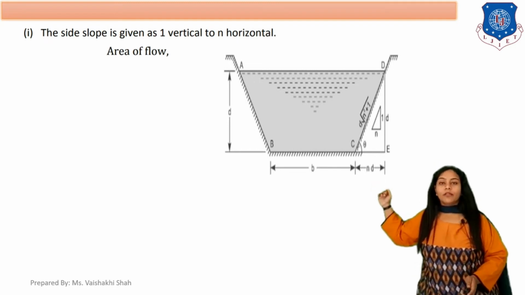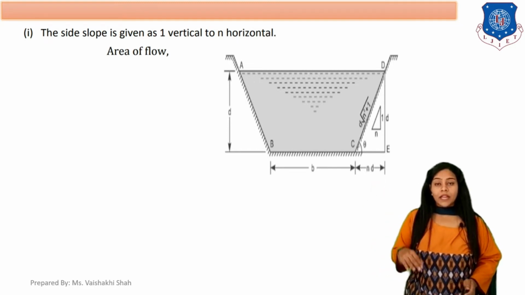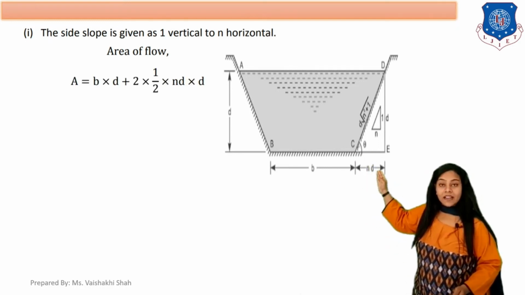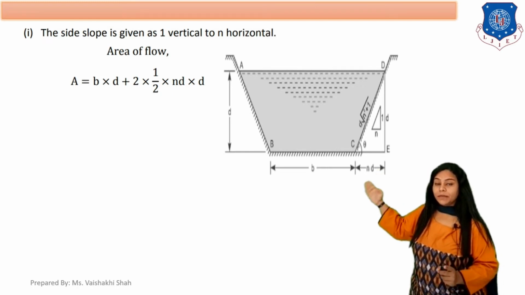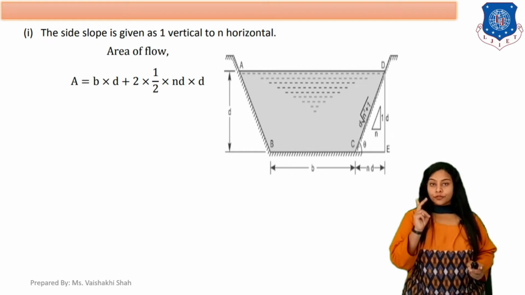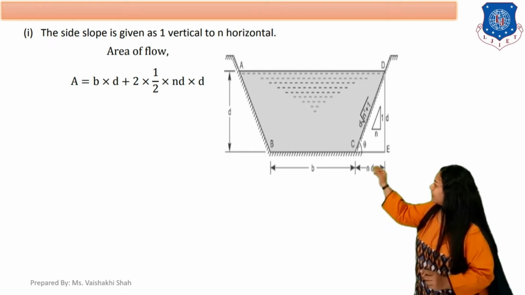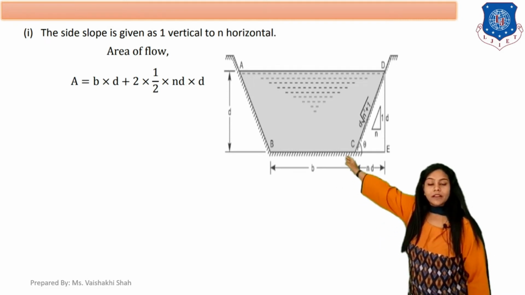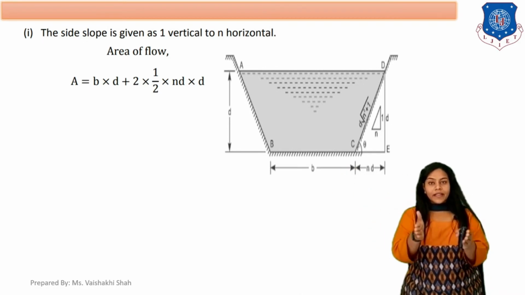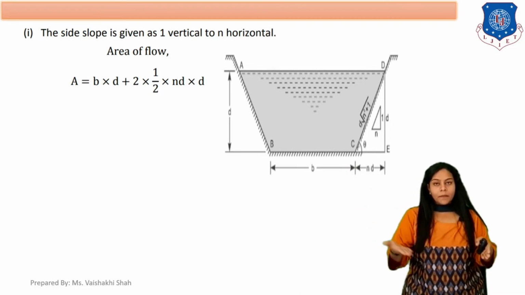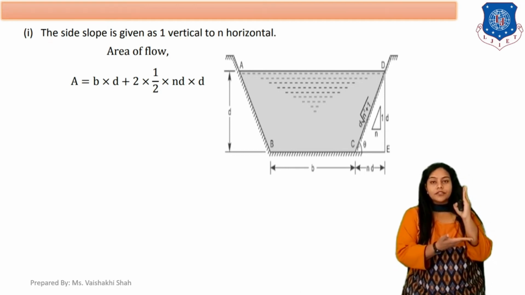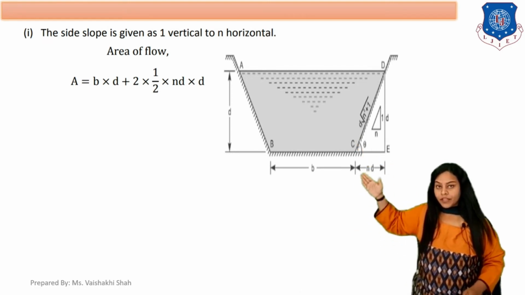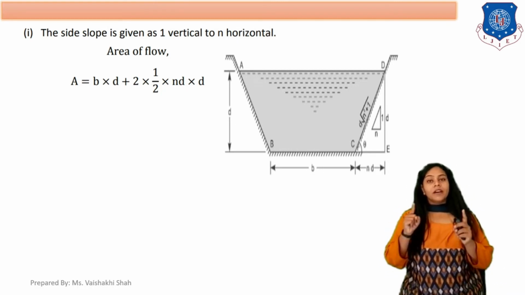Now to find the area of flow, we divide the trapezoid into three parts: two triangles and a rectangle. First, the area of the center rectangle is B into D, width into depth.